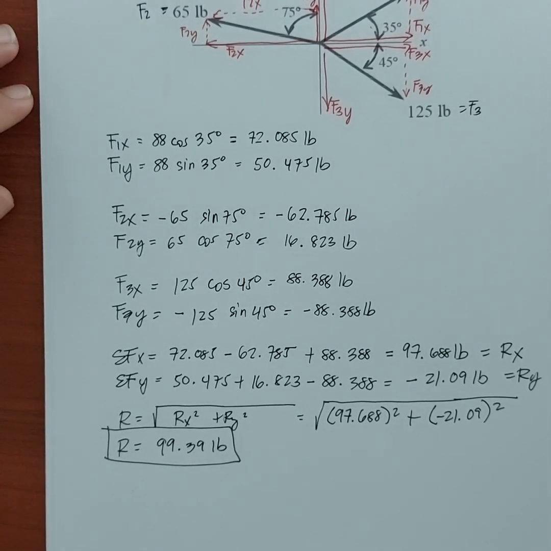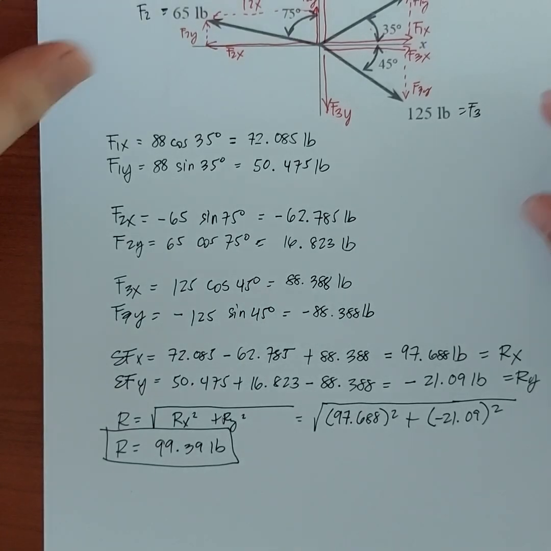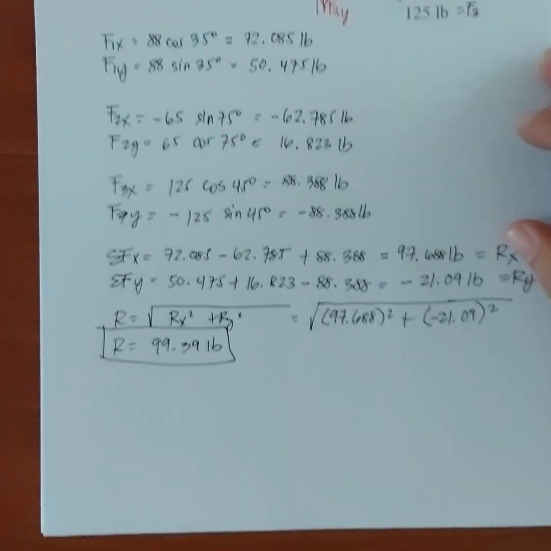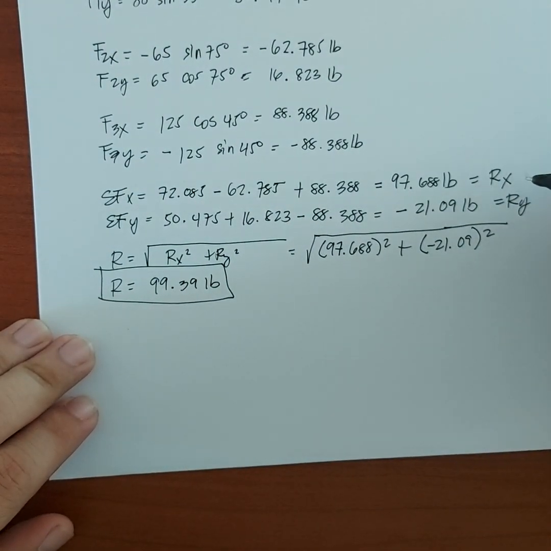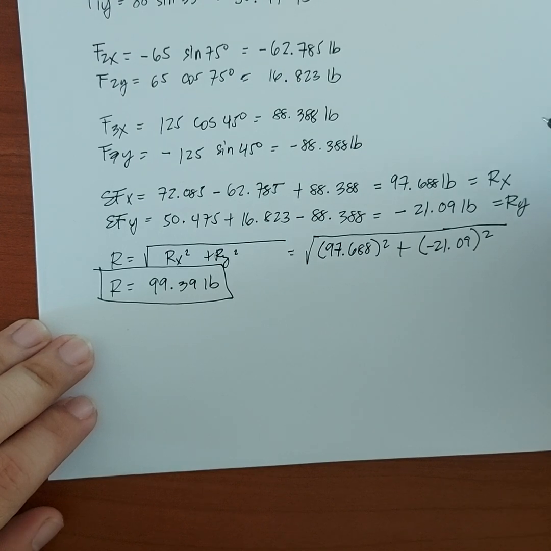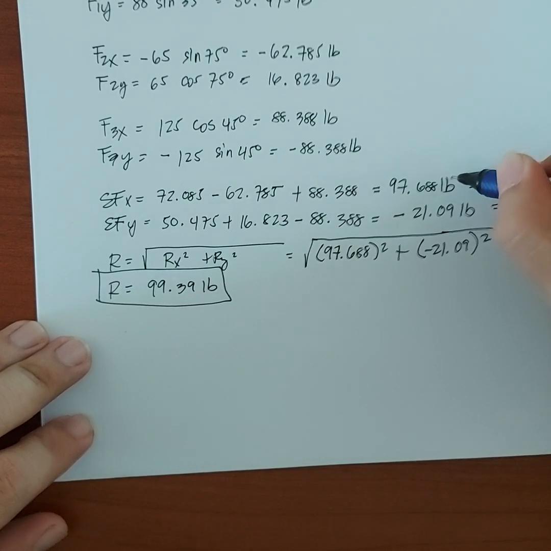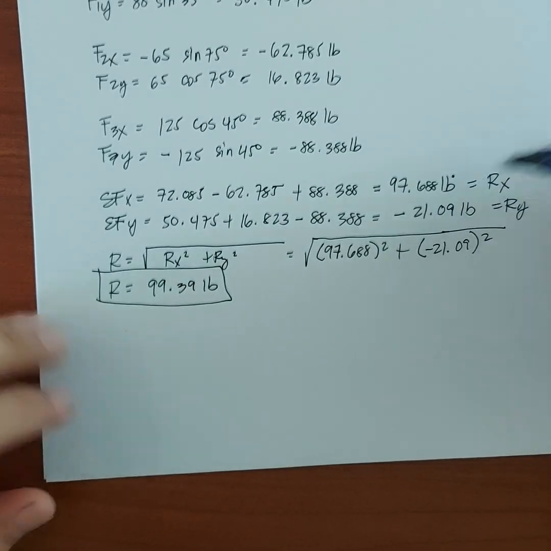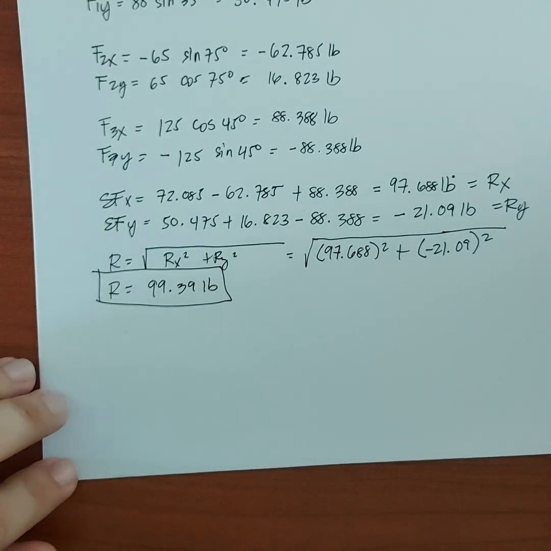So, you look at the values of Rx and Ry, or the summation of forces along X and summation of forces along Y-axis. So, X is positive, and then Y is negative. So, aling quadrant yon? Yung x ay positive, tapos y yung negative. So which quadrant yun?